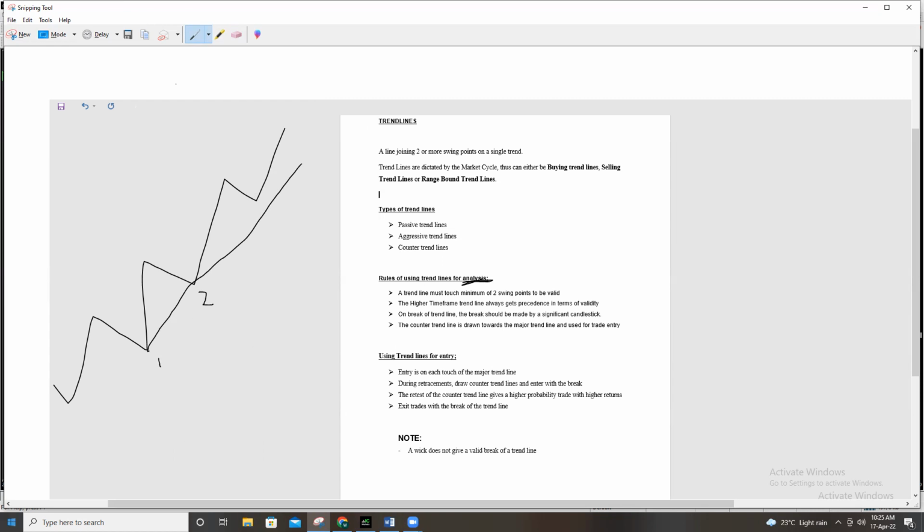Then the higher time frame trend line always gets precedence in terms of validity. This is where we say the higher time frame rules, meaning a weekly trend line will be stronger than a 1-hour trend line. A 4-hour trend line will be stronger, or more valid, than a 30-minute trend line. That is very important.